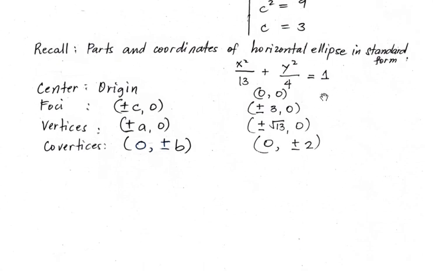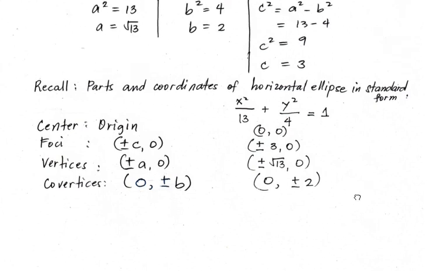Recall the parts and coordinates of a horizontal ellipse in standard form: center at the origin, foci plus or minus c, 0, vertices plus or minus a, 0, and co-vertices 0, plus or minus b. Now, since we have the values of a, b, c already, we just have to plug in.